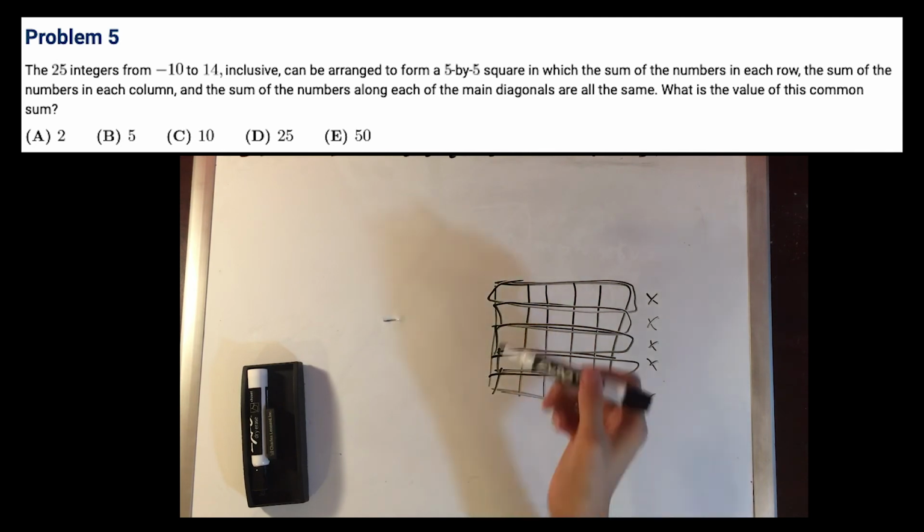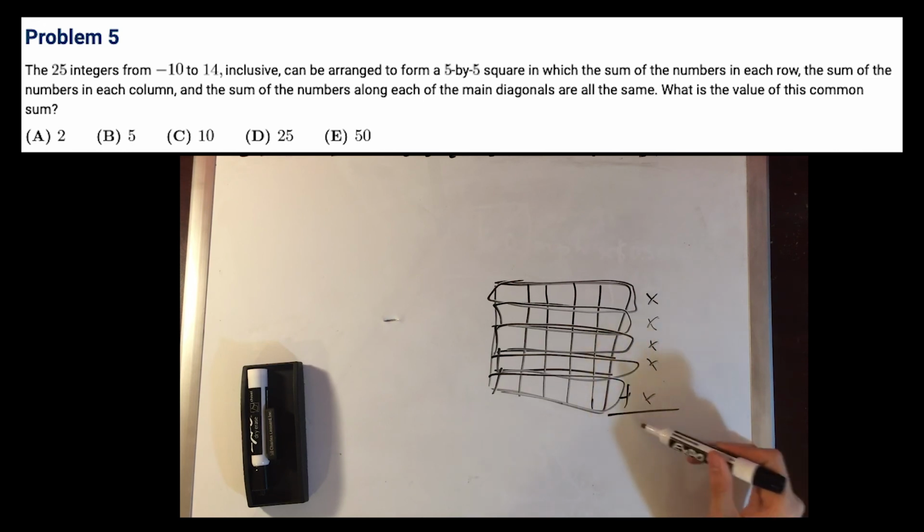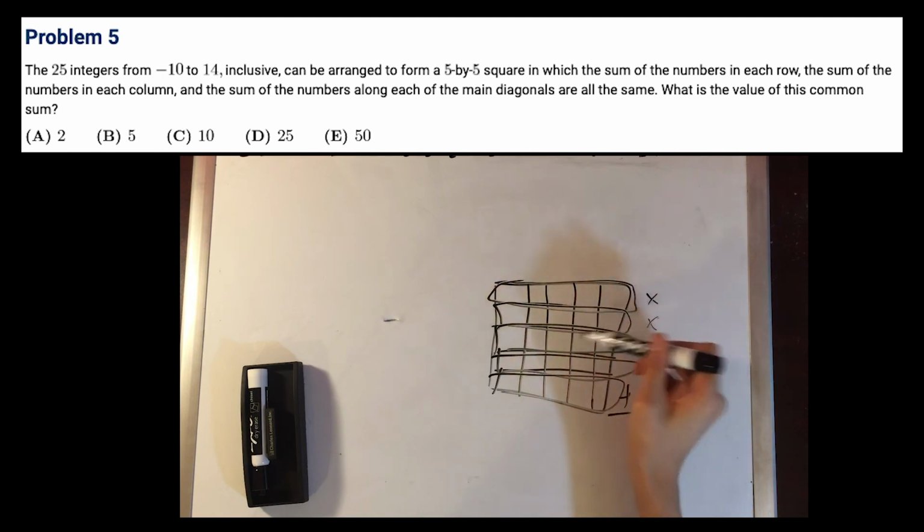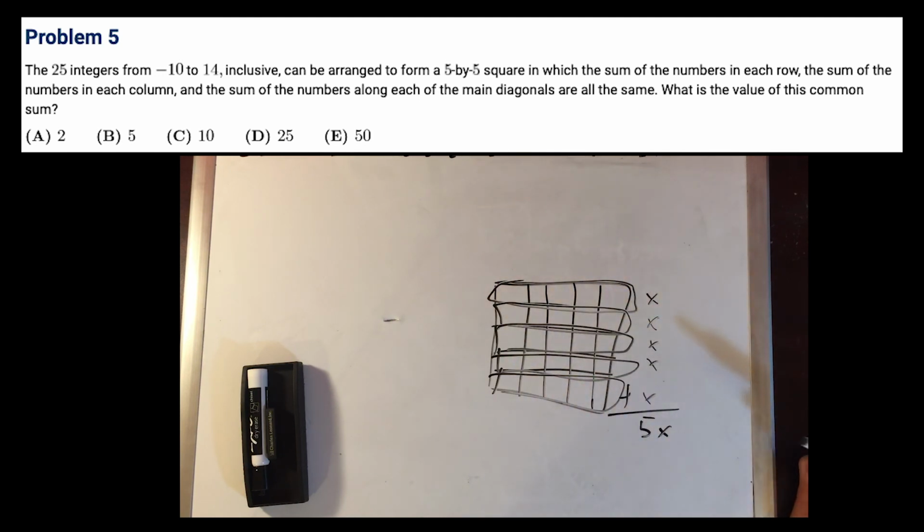Now, if we sum all the rows, we'll get 5x here. But we also know that if we sum all the rows, we're summing all the values in the entire square, and we're only summing them one time. So that means 5x is going to equal the sum of the total square.